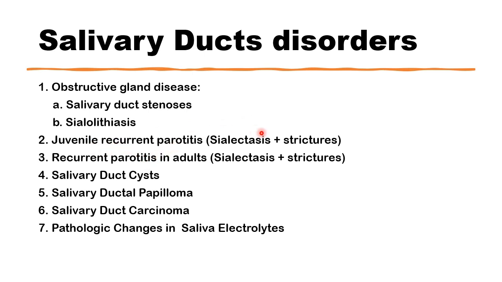In these two disorders, the duct system is affected by a combination of sialectasis and also strictures, followed by salivary duct cysts and papillomas and salivary duct carcinoma, and finally the functional changes in salivary duct cells that is translated into pathological changes in the salivary electrolytes.